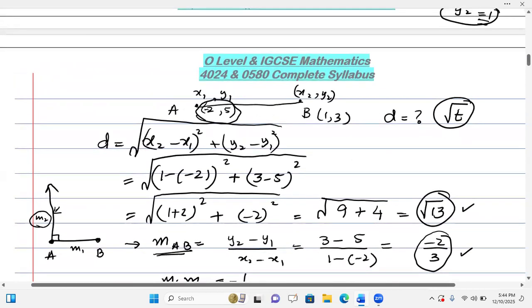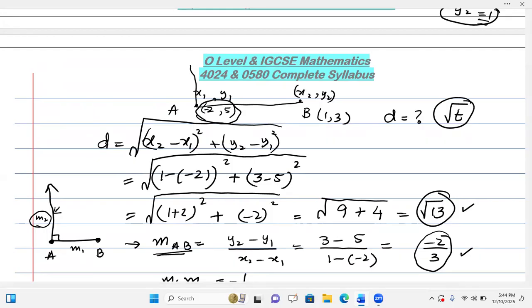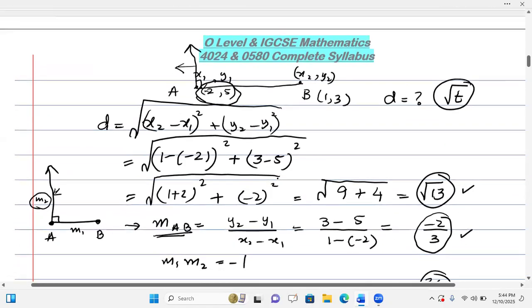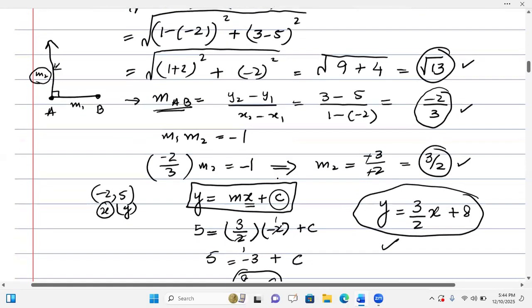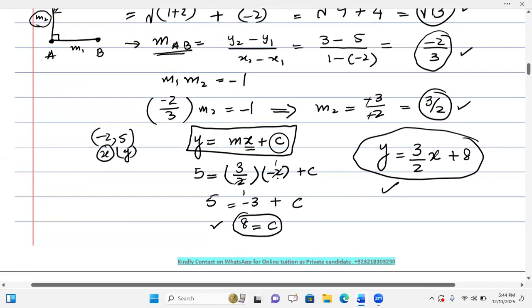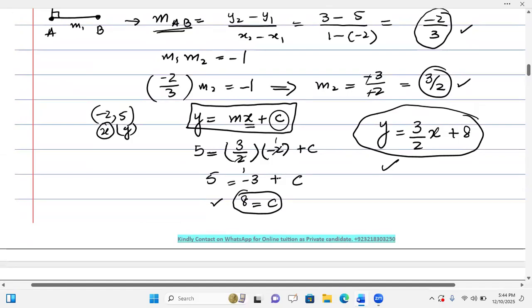So in the start, this was your AB, and this is your point A, which has the perpendicular over here. And what is the line equation for this? You can easily use y is equal to mx plus c, and c will be calculated by putting the vertices of point A there and using the gradient value also.